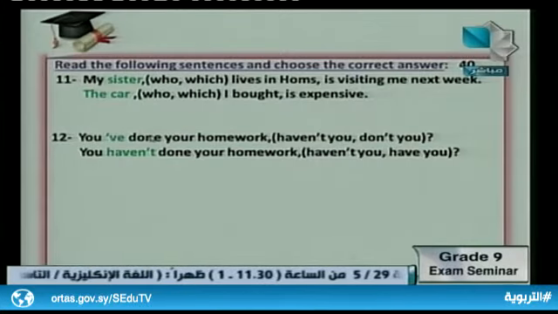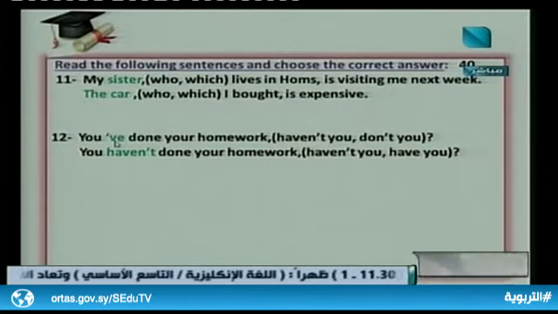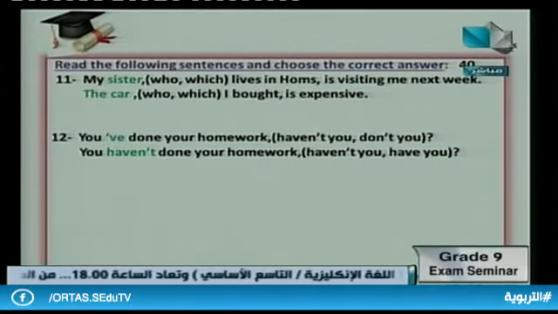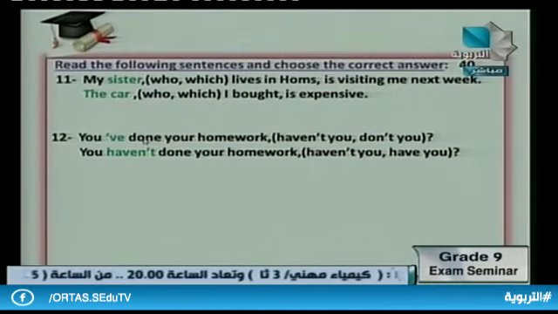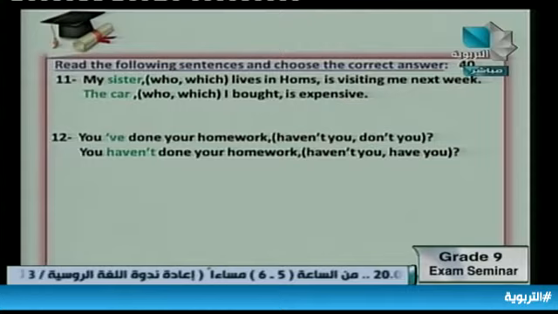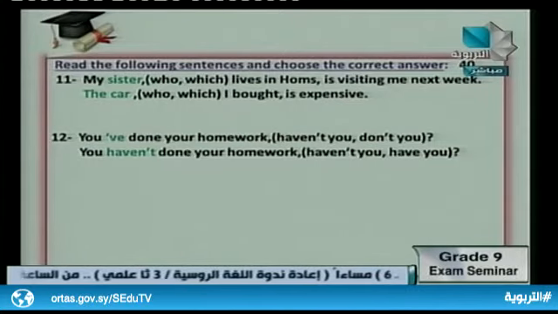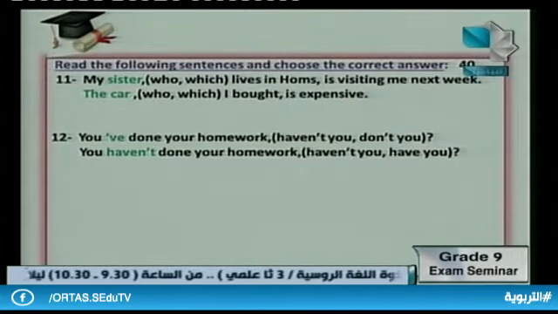You've done: this abbreviation is the short form of have. So we have to change it into negative, so it becomes haven't you. And here have is an auxiliary, not a main verb, because it's followed by verb 3, which is done. That's why we choose haven't you.